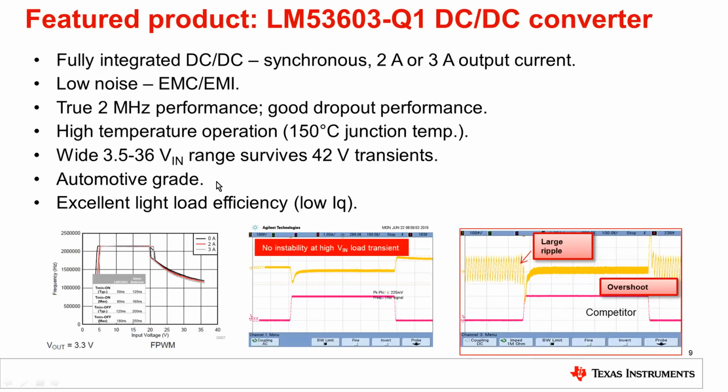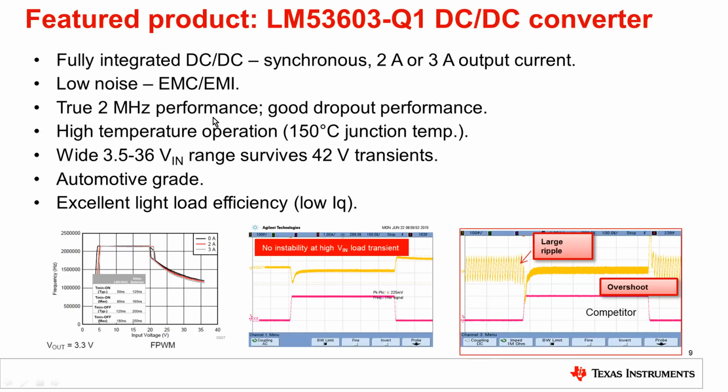Now let's go into the details of this exciting true 2 megahertz DC to DC converter, which provides the front-end solution for the ADAS design. This particular DC-DC converter is of course a fully integrated, synchronous DC-DC converter. It offers a 2 amp or 3 amp output, and this is a true 2 megahertz DC-DC converter.